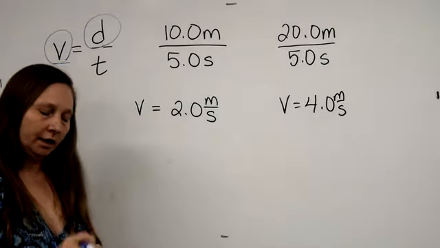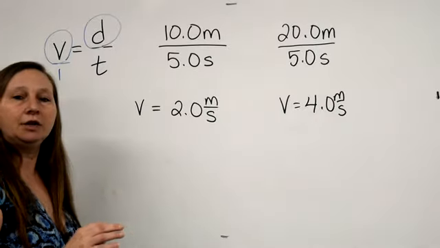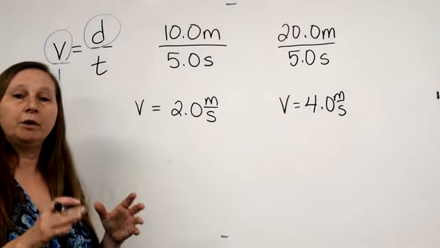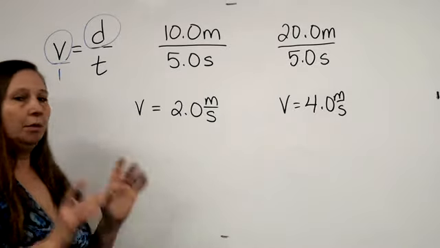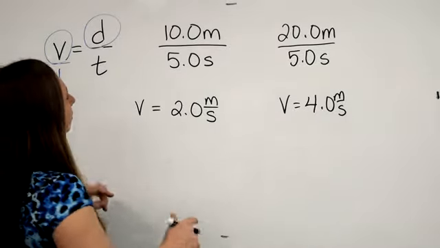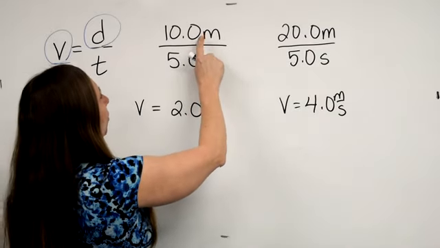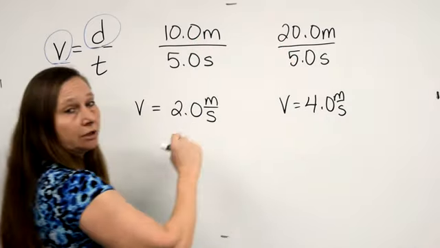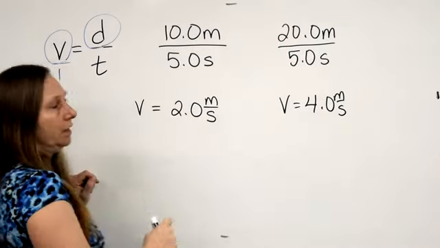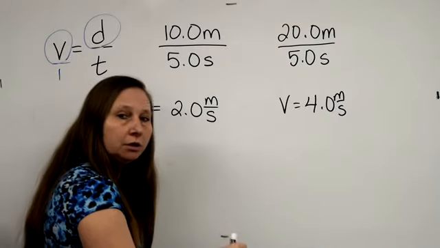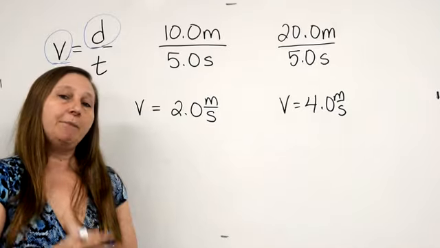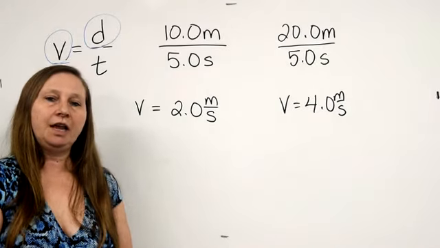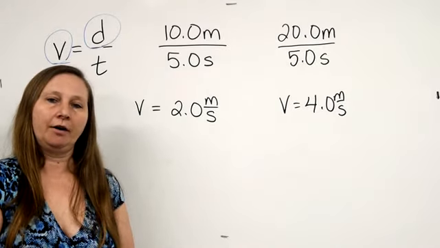Now, what we said earlier in the video is that a direct relationship means when one variable increases, the other variable increases also. But more so than that, look what happened. When the distance was doubled from 10 to 20, the speed doubled also. Remember we said earlier, whatever happens to one variable, the same thing happens to the other variable.